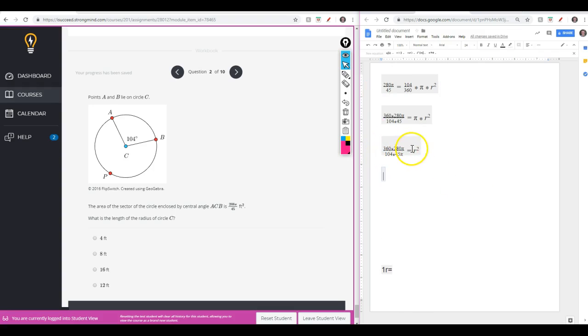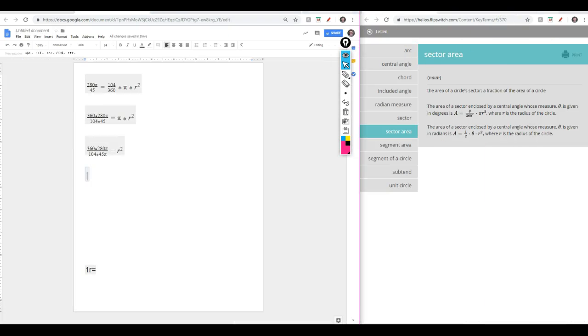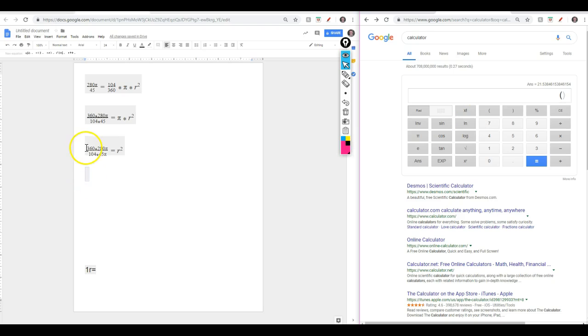Here I'm noticing that we have just r squared left, so I'm going to open up a calculator and see if it will simplify this for me. I'm going to do parentheses 360 times 208 times pi, close parentheses because that's everything in the numerator, divided by parentheses because we want to include everything in the denominator, 104 times 45 times pi, close that parentheses.